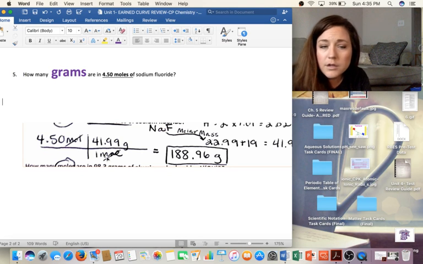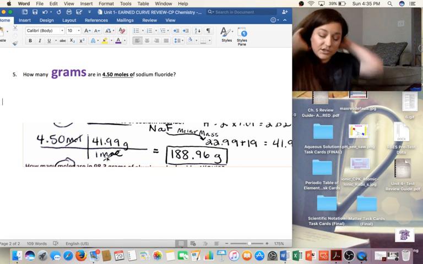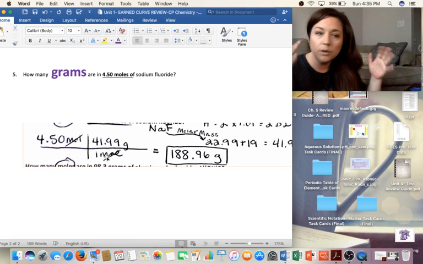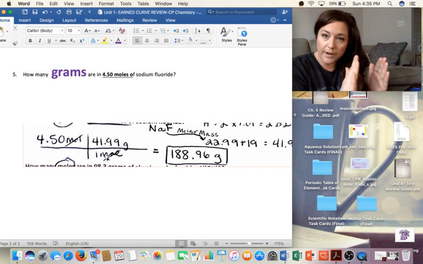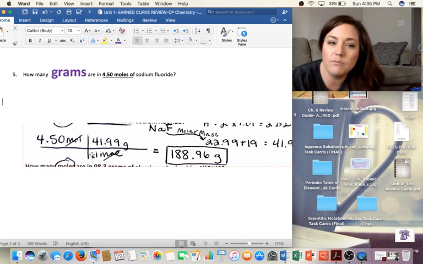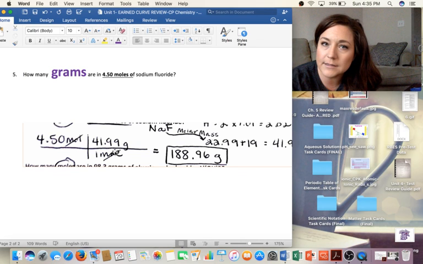So in order to convert moles to grams, you have to have the unit moles on the opposite square.